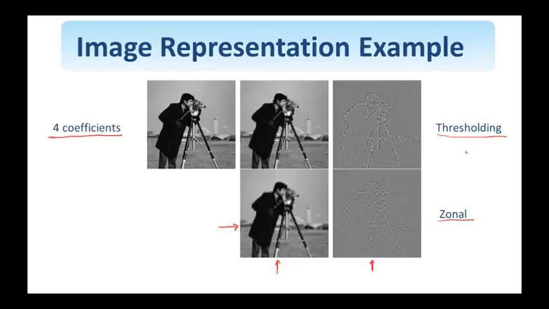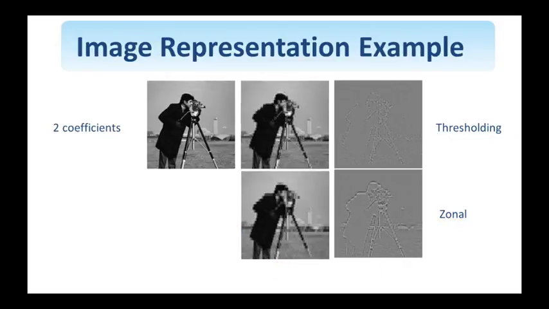And again, it's the same experiment where now only 2 out of 64 coefficients are kept, and I believe it's quite impressive that even though 2 out of 64 coefficients are kept, still we obtain reconstructions here that convey quite a lot of the information about the original image.